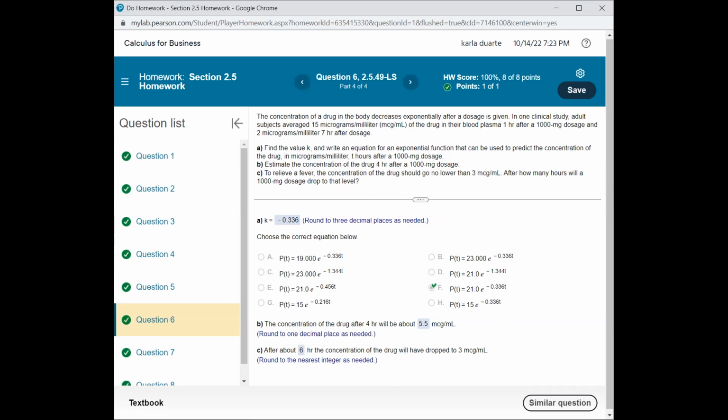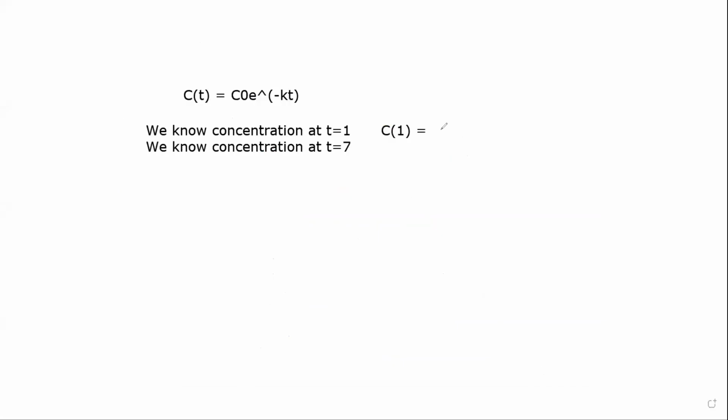So we know what C of 1 is, that's 15. And we know that C of 7 hours is 2, right? So we're gonna plug it in.